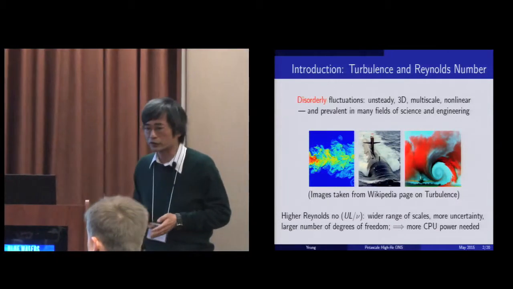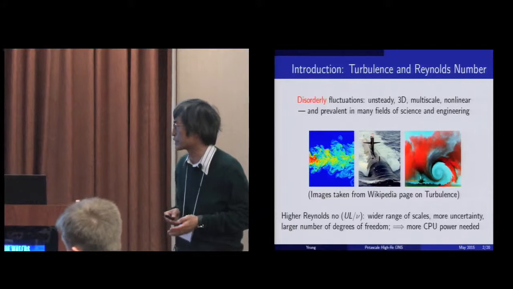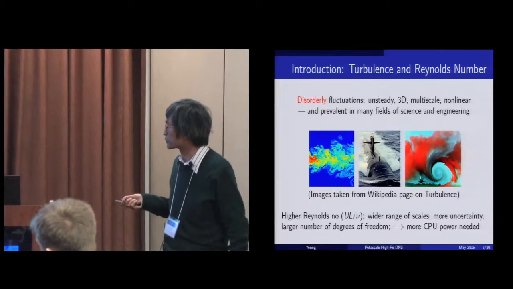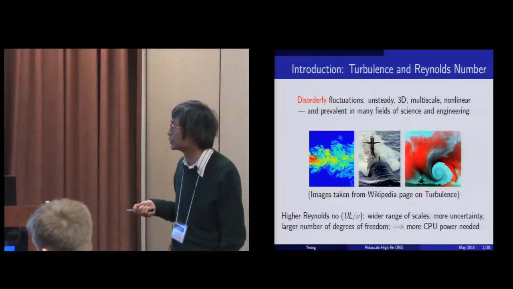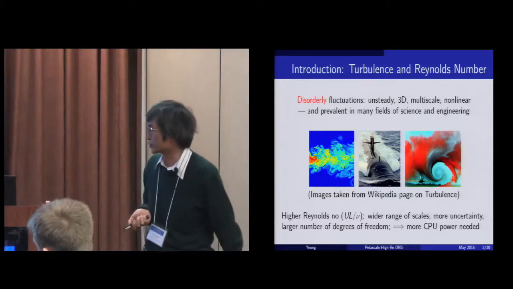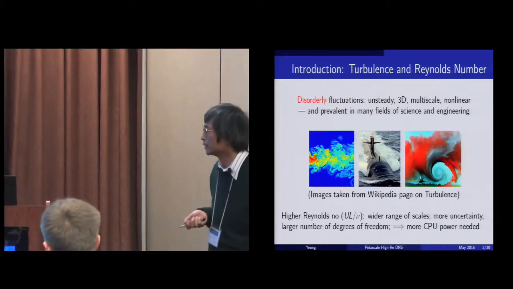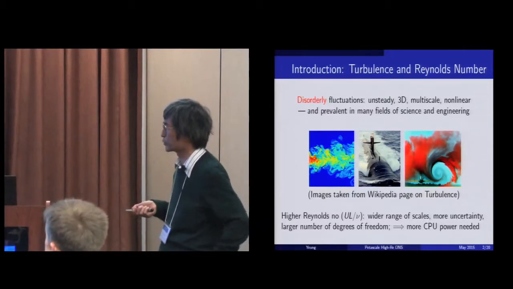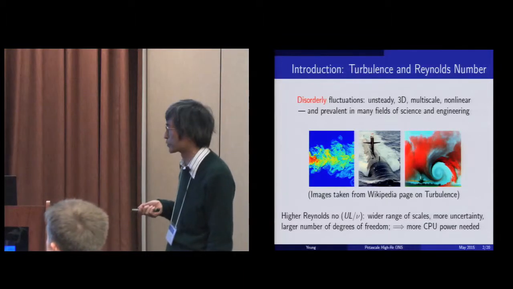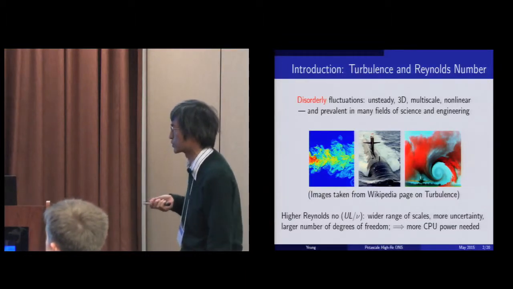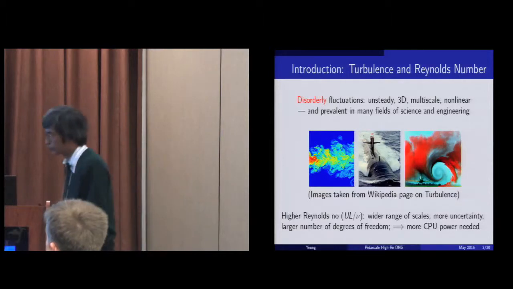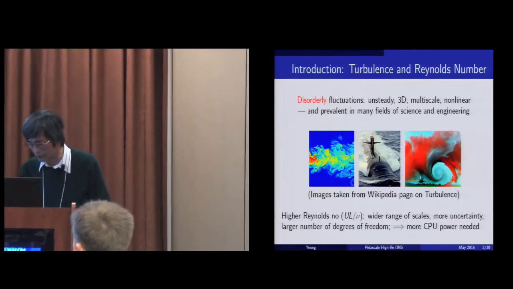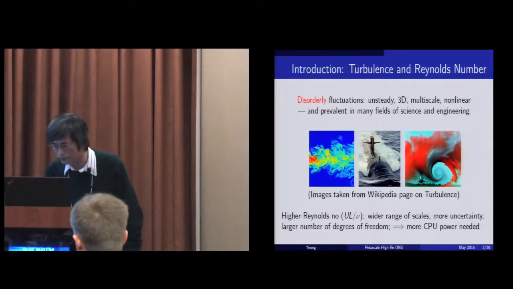You have low wave numbers and high wave numbers, or low frequencies and high frequencies. And the higher the Reynolds number, the more uncertain it is, and the more uncomfortable we feel when we are sitting in an airplane. That also implies a larger number of degrees of freedom, and all these things, as you can see, add up to a problem that demands a lot of computational power.